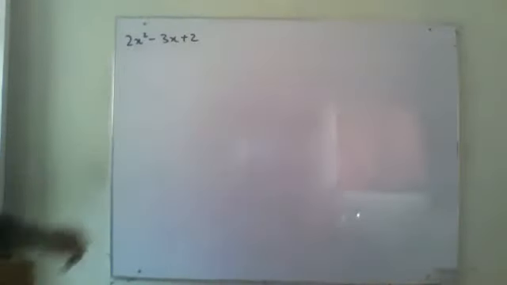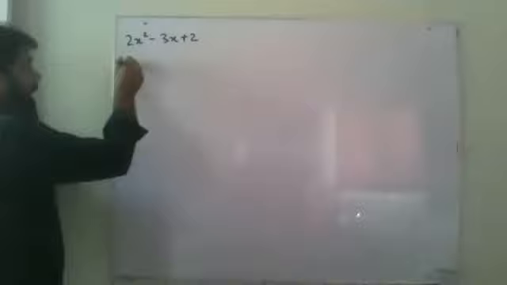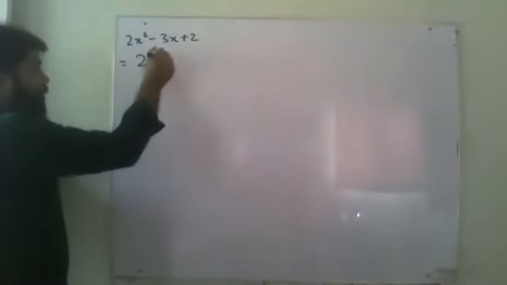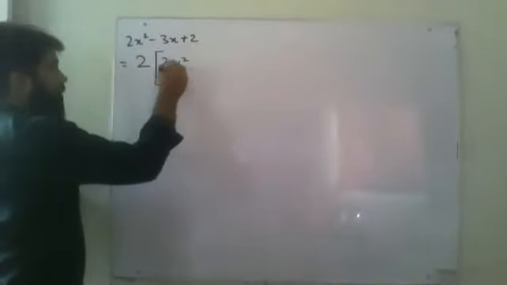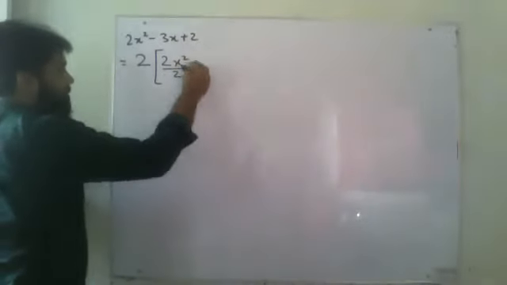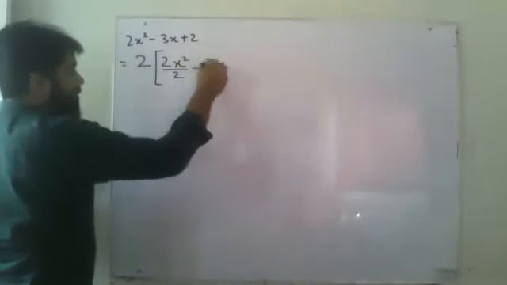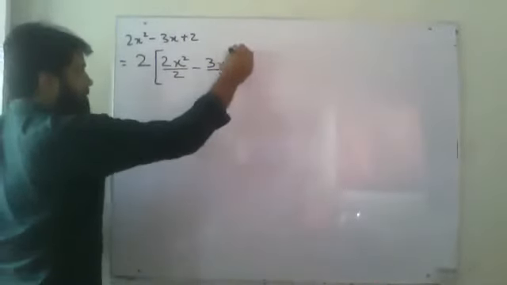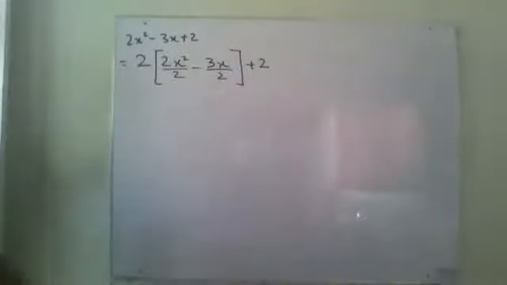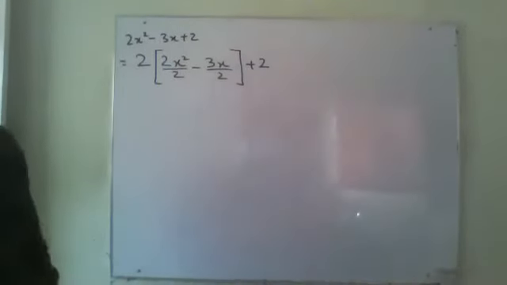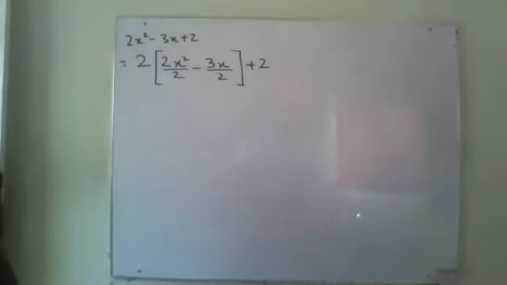How will I make it positive 1? I will take 2 common from all the x terms. Whatever is the constant, I am keeping it on the other side.